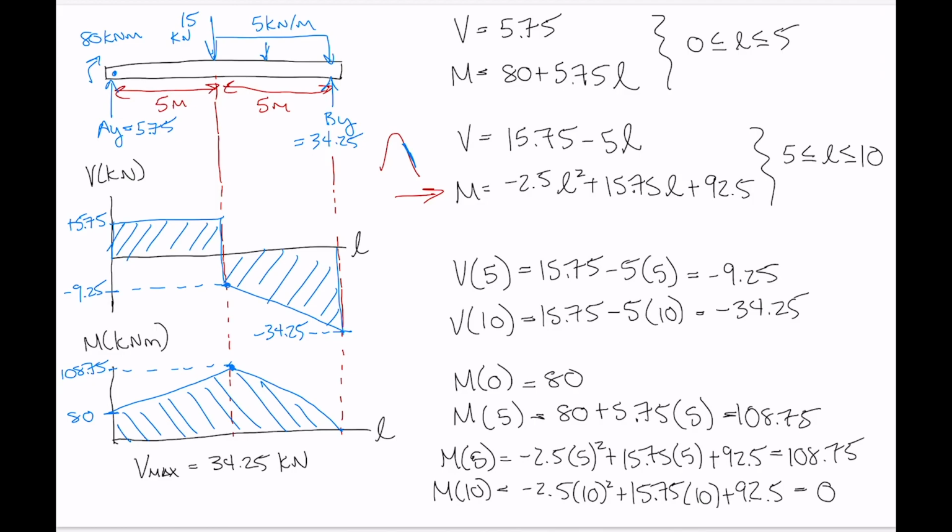It just changes the orientation of the shear stress. So if we were looking for maximum shear stress, what we'd want is the maximum absolute value of internal shear force. And then our maximum internal moment is 108.75 kilonewton meters. Okay.